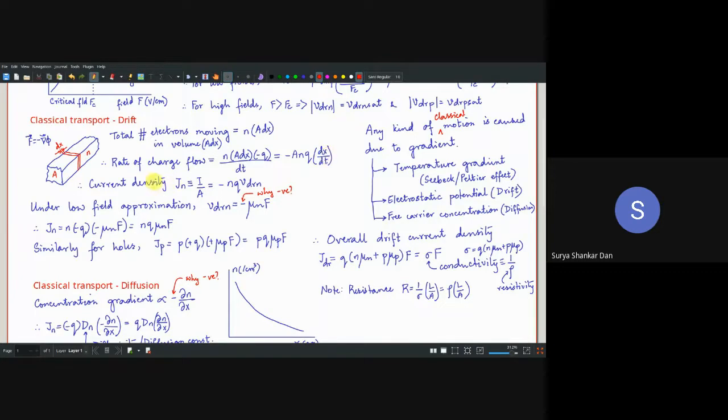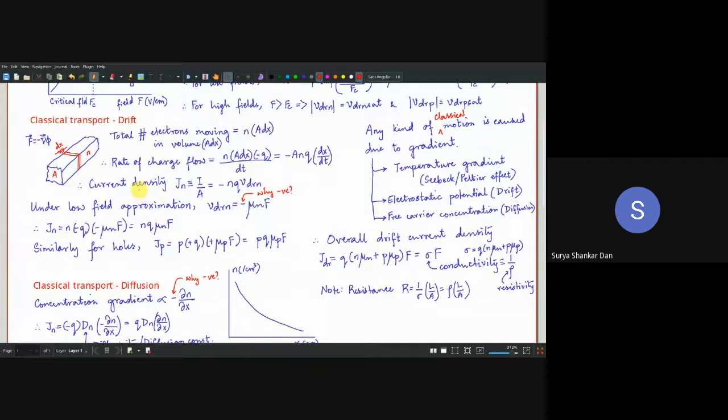Now notice that it is dependent on a parameter, the area, which can vary depending on the slice you have considered. So if we think of current density, that is easier from a device analysis point of view.